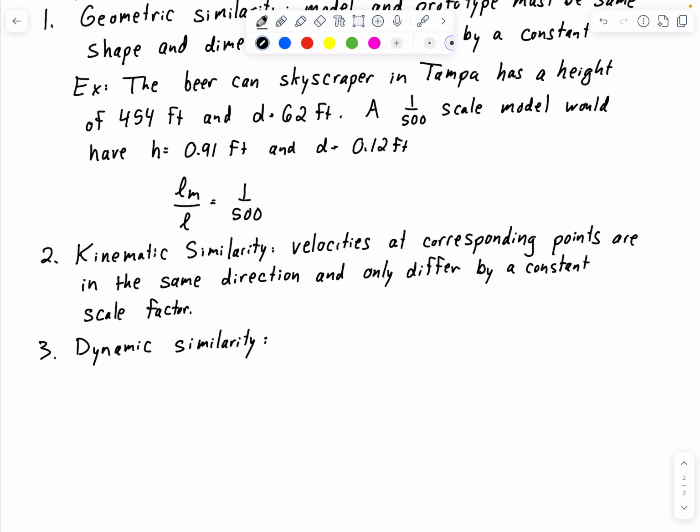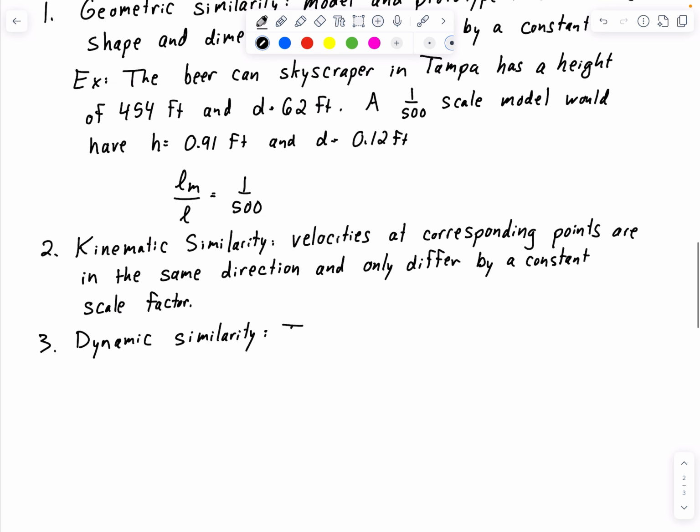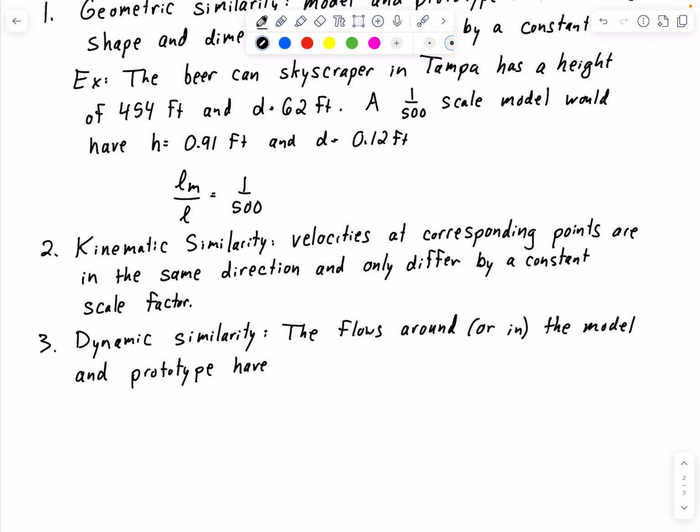And so in dynamic similarity, we require that the flows around, or in, if you're looking at an internal flow, the flows around or in the model and prototype have the same force directions and the magnitudes only differ by a constant scale factor.